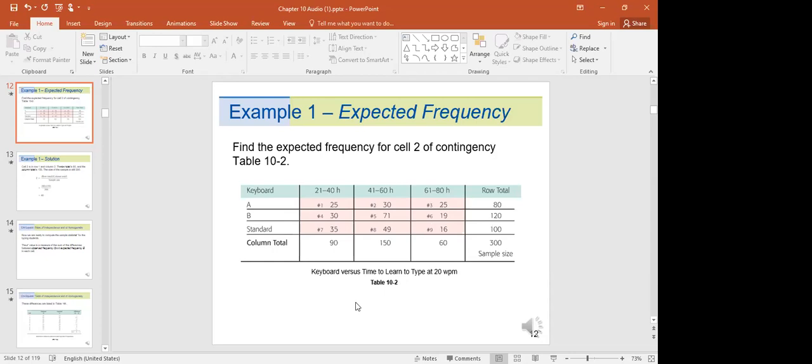As you add 25, you press enter, then 30, enter, and 25, just as it is on this table. Don't enter the totals. So you have the values in the calculator.